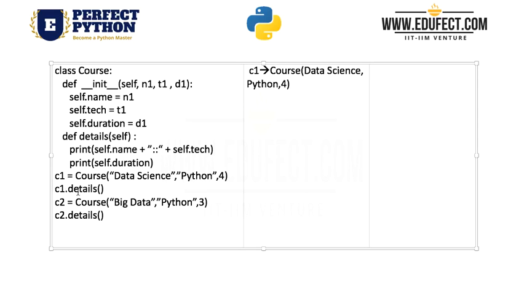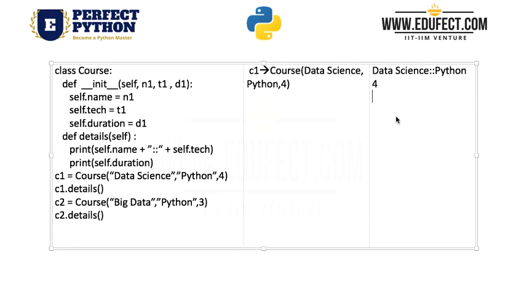Now when we say c1.details, we are calling this method details. So what will it do? It will say print self.name. Now what is self? Self is referring to c1. So c1.name would be data science. So data science, colon, tech is Python, will get printed, and then it says print self.duration, which is 4.